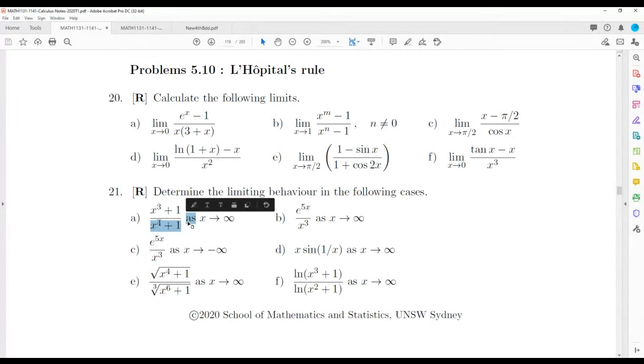Does the top win or the bottom win in this case? Who can tell me? Anyone in the chat? Which of these functions will win, x cubed plus 1 or x to the 4th plus 1? Yeah, the bottom one wins. And so, who can tell me what the limit will be as x goes to infinity of this function?